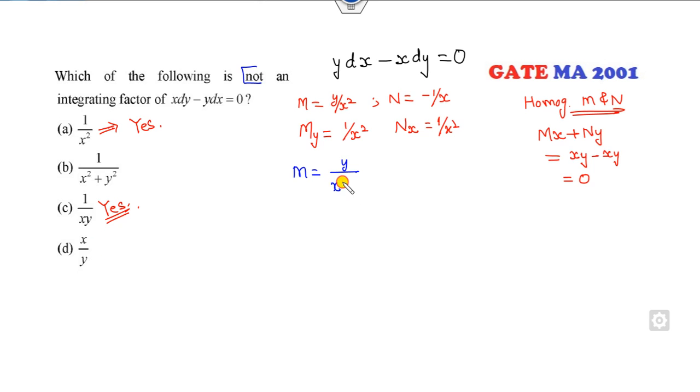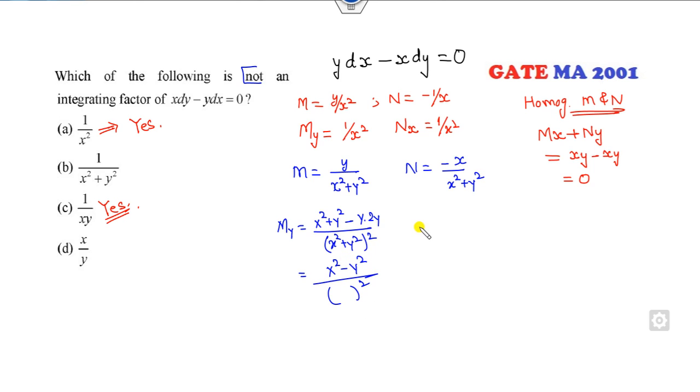Okay, fine. This is here, and N is minus x over x square plus y square. So what is the partial derivative of M with respect to y? I can apply the u over v rule. So it's x square plus y square minus y into 2y, so that is x square minus y square over whole square.